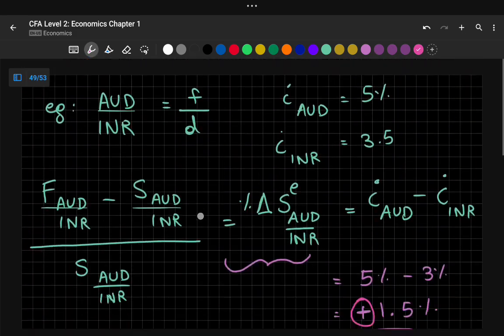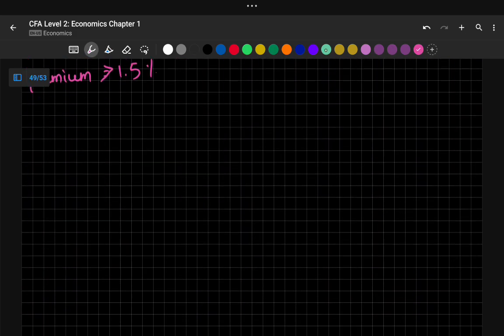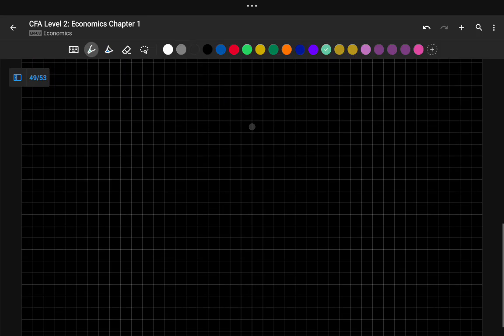This is the first part of deriving the equation. Now, based on the above equation, we will be able to finally derive our equation, that is, the forward rate would be approximately equal to the expected spot rate.